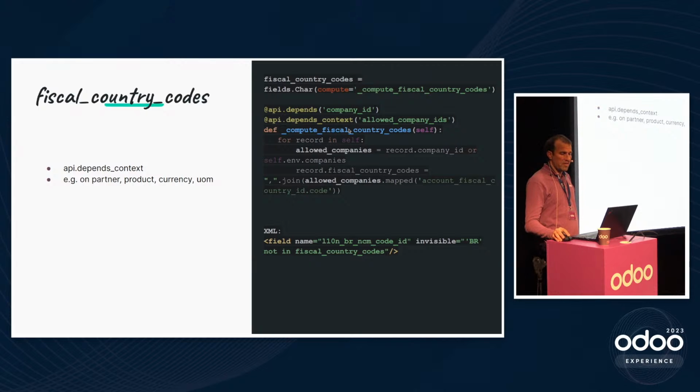And that is because we have the API depends context, and the company switcher you have right on top. There you can select the company, and we'll set that in the context, and this will create an account fiscal country codes field, which is actually just a comma separated list of all the country codes. And this way we can just say if BR is not in this string, then make it invisible.